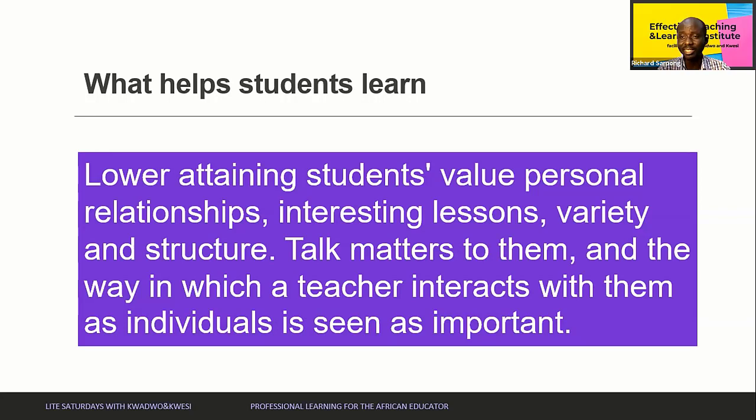Yeah. And it is clear from the visible learning research meta-analysis that the teacher-student relationship has a bigger effect on students' learning, and it has a greater effect for those who make less progress.